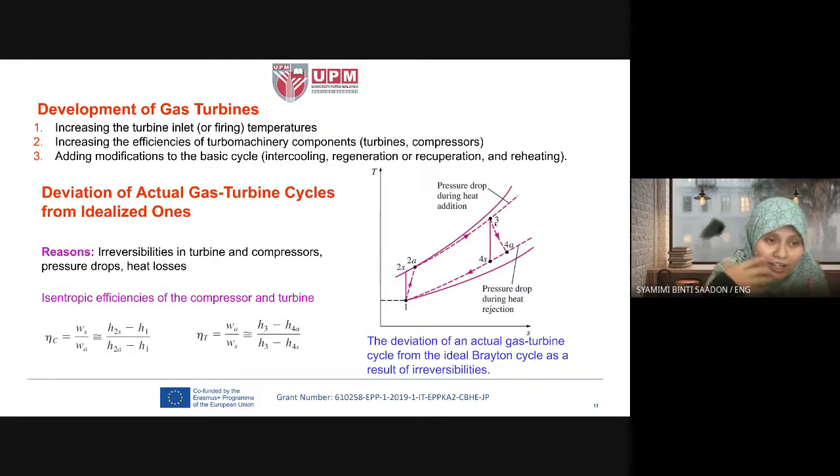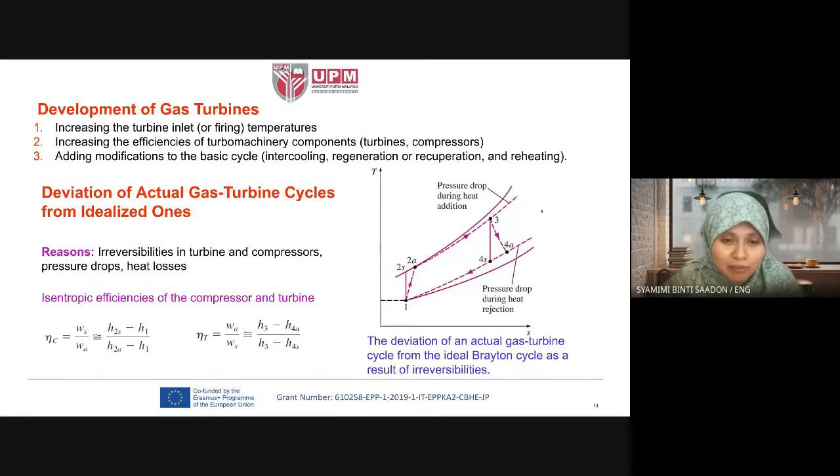Another way is increasing the efficiency of turbomachinery components, the turbine and the compressor, so they can run more perfectly.